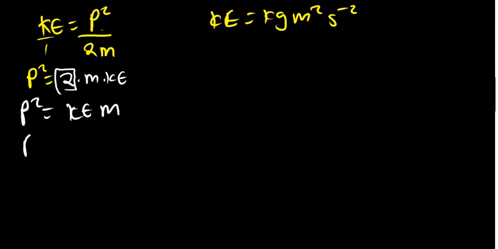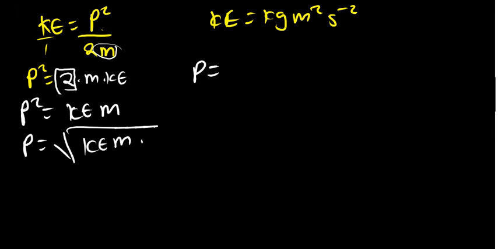So to get p, it's going to be the square root of kinetic energy times m. Let's now put the units. We know that this is the mass, which is also in kg. So momentum is going to be equal to, we know that kinetic energy is given as kg, then meter squared times second to the power negative 2.